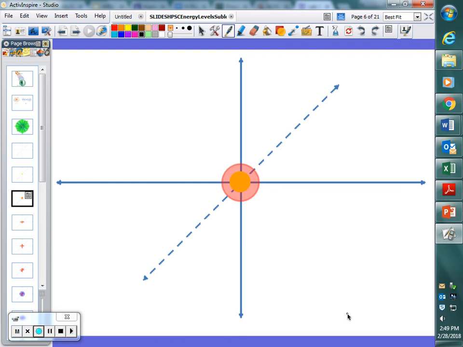Similar in shape, a little bit bigger, right? But hollow. What can you tell me about electrons in this orbital, the red hollow sphere, versus the yellow sphere?